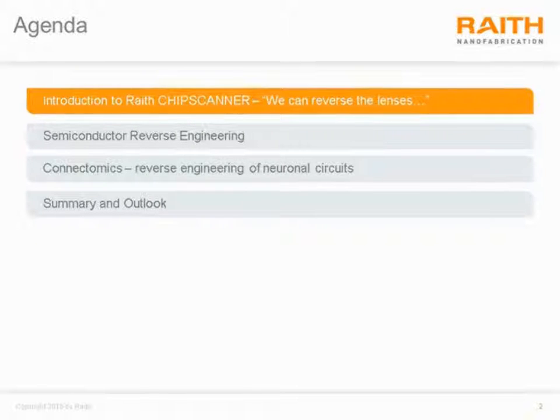The first is semiconductor reverse engineering, an application that the chip scanner has been serving over the past 15 years. Next, I would like to talk about a new application: the reverse engineering of neuronal circuits, which is commonly known as Connectomics. Finally, I'll provide a summary of the presentation and a brief outlook as to what is to come for the chip scanner in the near future.